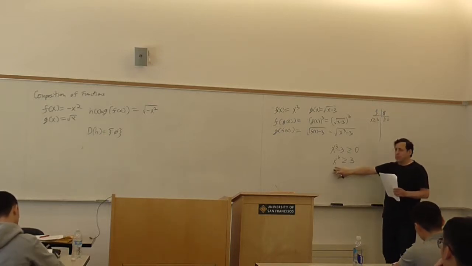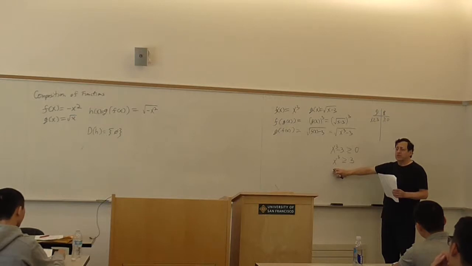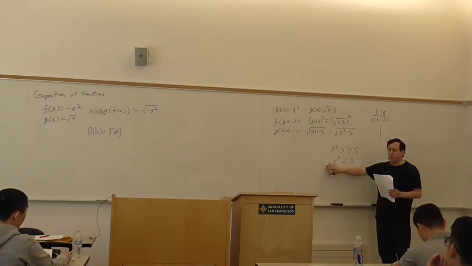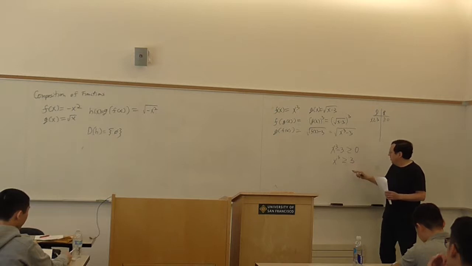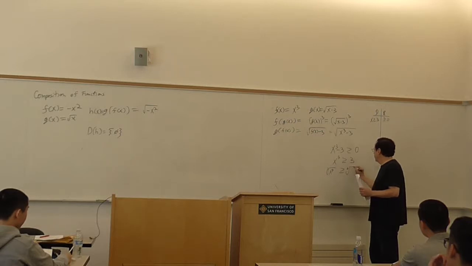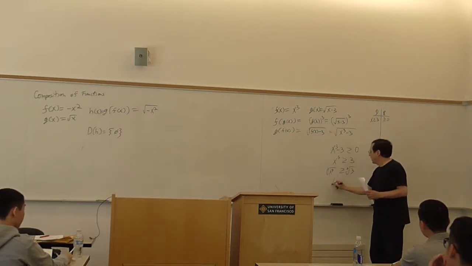Can I just find the cube root of both sides? We didn't really talk about this that much. Cube roots don't change the sign, do they? So that's actually going to be fine. Cube root of x cubed greater than or equal to cube root of 3. Or x greater than or equal to cube root of 3.